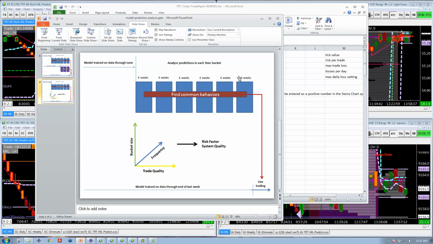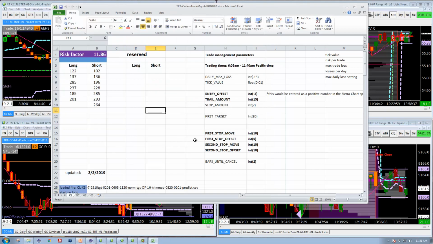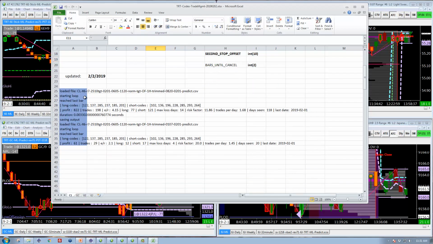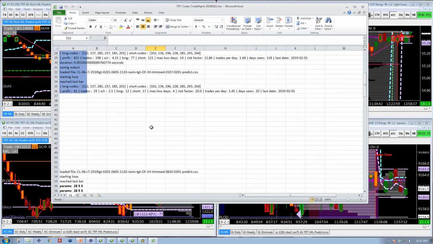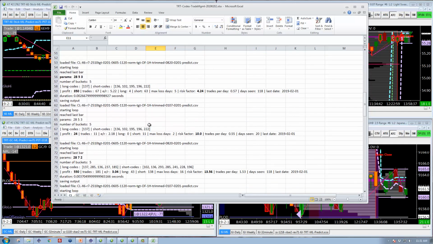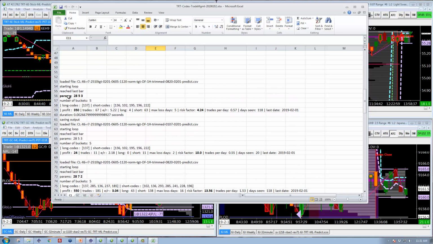So with that in mind, if we look at oil, this is the final result, but the process is a series of analyses, and it's this cell here that shows the parameters that I think tells the tale the best. What this says is 28 days is the bucket size. The trade quality is at least 5, and I want to see it at least 3 times.